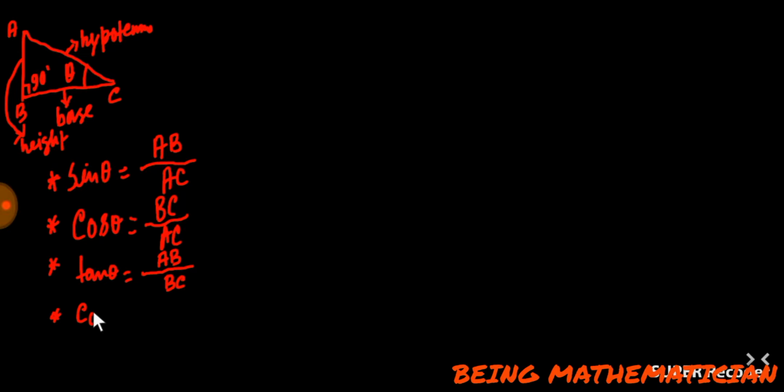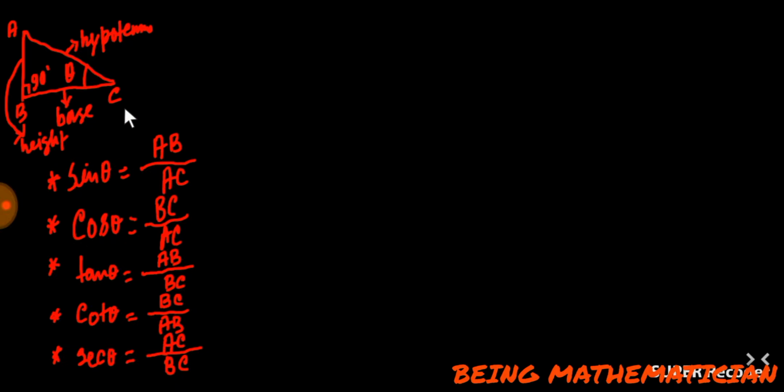Cot theta is equal to the reciprocal of tan theta, that means BC by AB. Sec theta is the reciprocal of cos theta, that means hypotenuse by base, that means AC by BC.